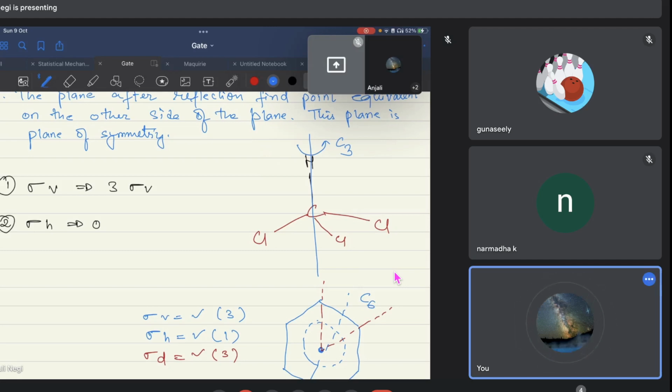The plane will be something like this: this particular bond is behind my sheet, and my plane contains this hydrogen atom, this carbon, and this Cl. So I will have some plane like this.